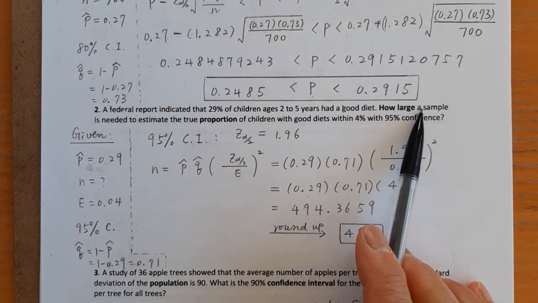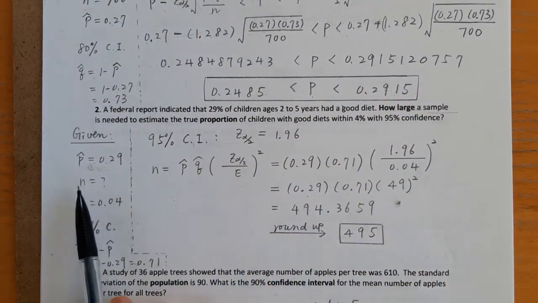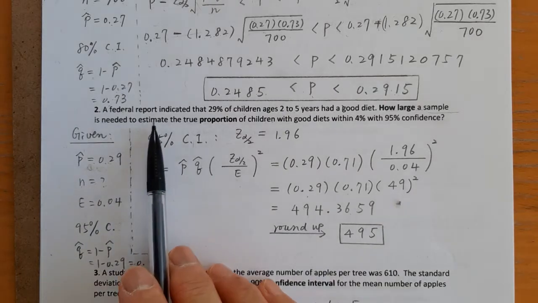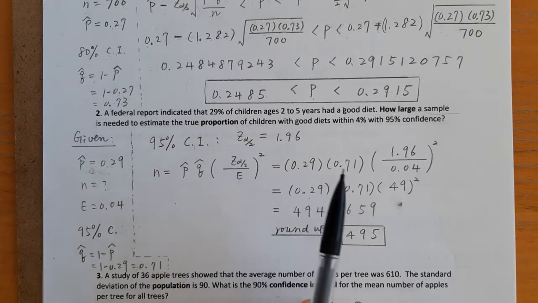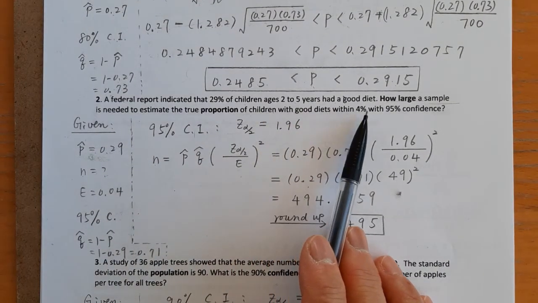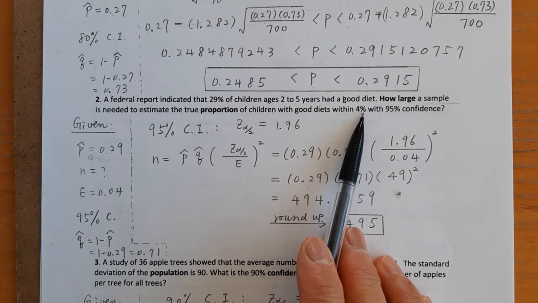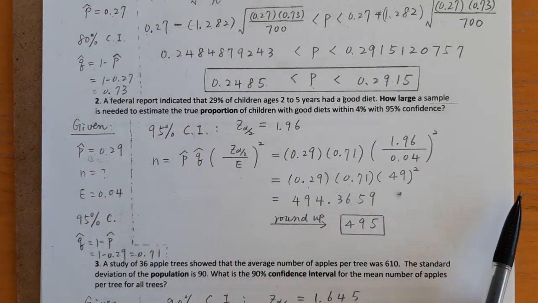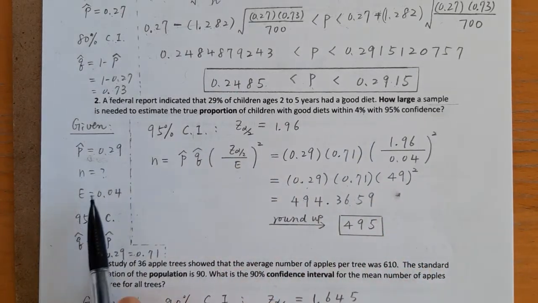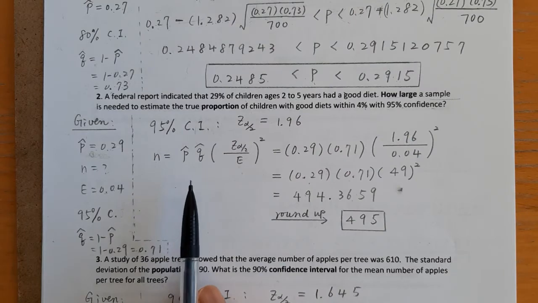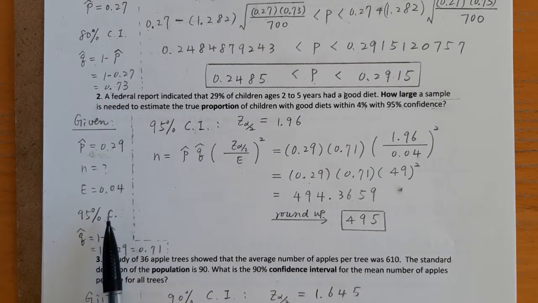How large a sample n is needed to estimate the true proportion of children with a good diet? We want 4% margin of error, E equals 0.04, with 95% confidence.